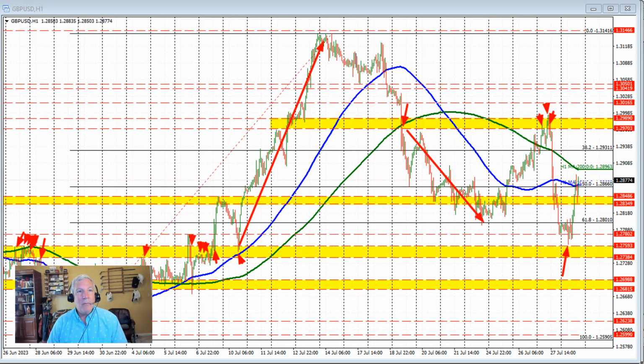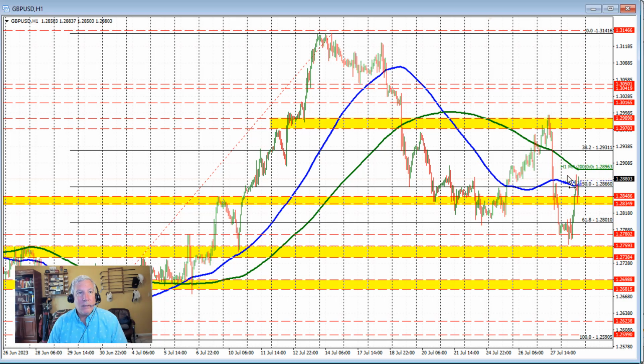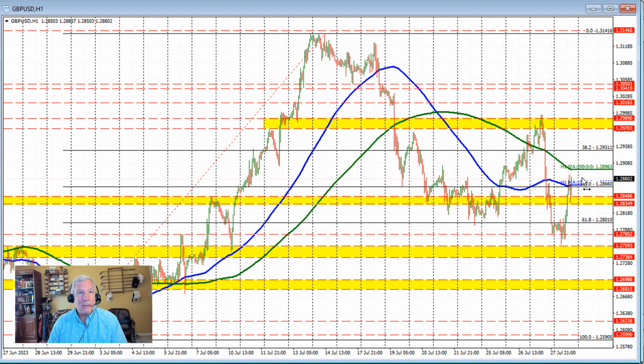So what now, and what going into next week? Well, the move to the upside has moved the price back toward the 200 and 100 hour moving averages. That's the green and blue line on this chart, between 128.96 and somewhere around the 128.70, 72 level.